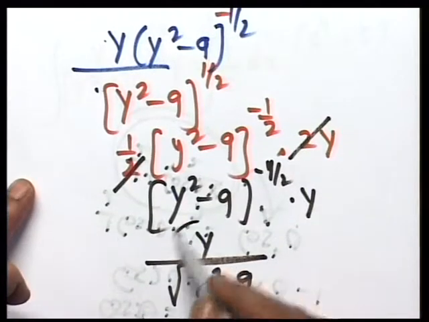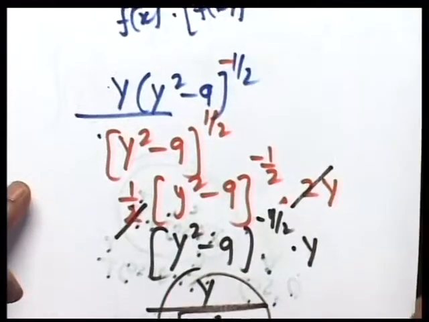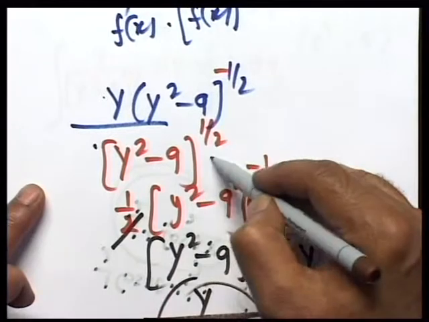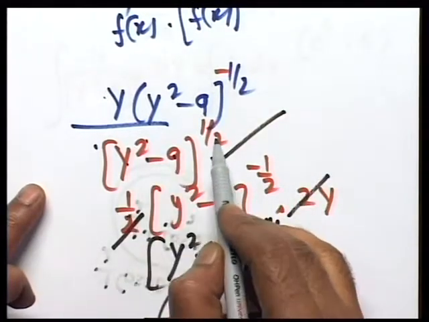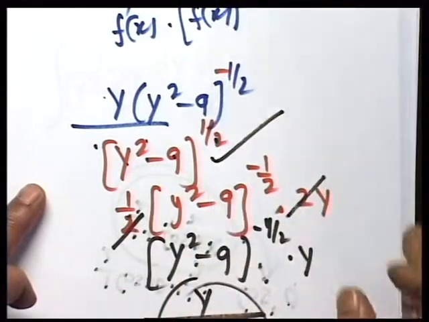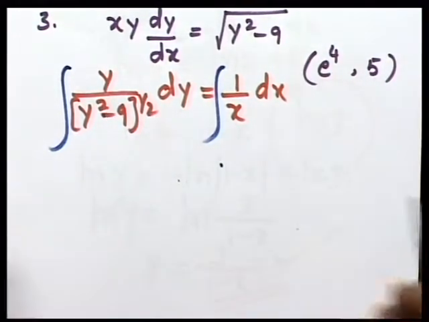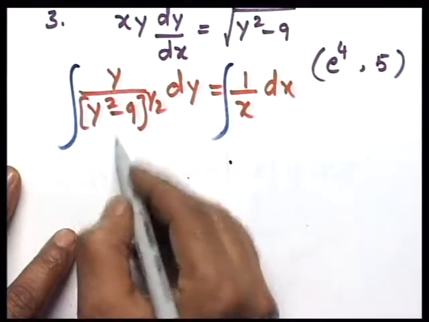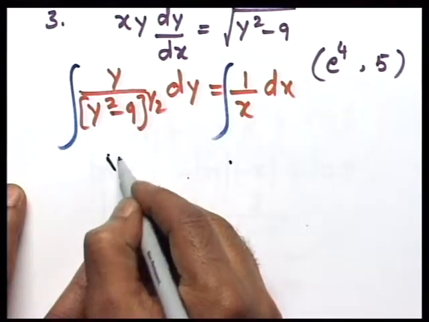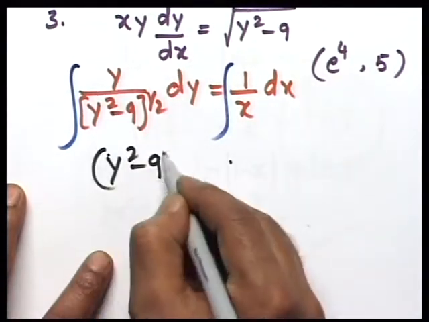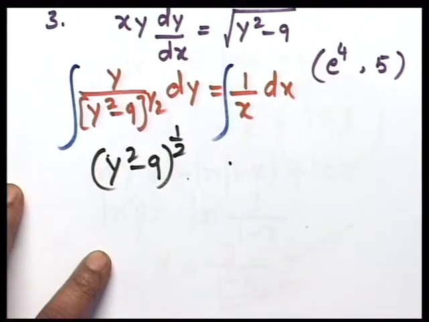So that was the question. So the answer should have been that, (y squared minus 9) to the half. All these methods you got to know before we start this topic. So the answer for this is in fact (y square minus 9) to the power half. That's what we have there.